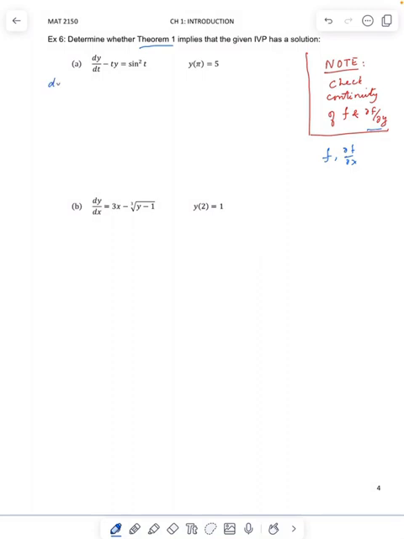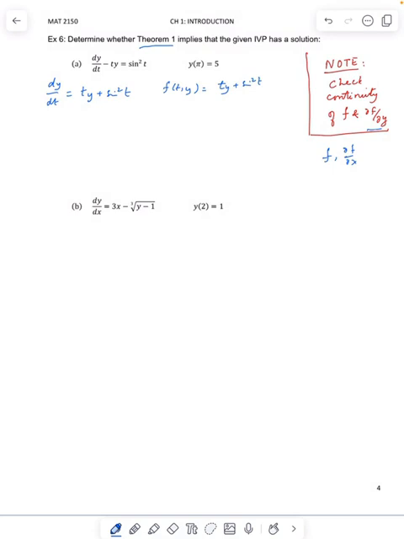So the first problem, we start by first putting the equation into the proper form, which should be like dy by dt is equal to ty plus sine square t. So we can see that our f of t, y in this case is t times y plus sine square t.